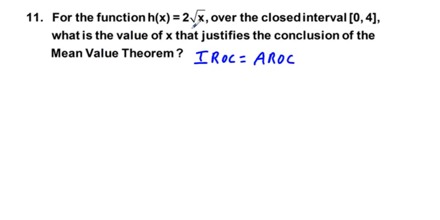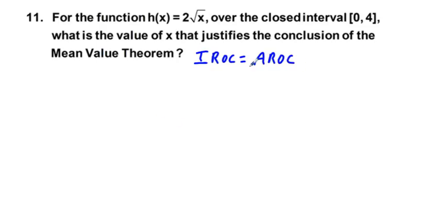And we just look at this function. This function is going to be defined from x equals 0 to x equals 4. Differentiable, we know it's going to be a smooth curve. We saw in problem 1, I think, the square root of x is going to be very similar, but steeper.